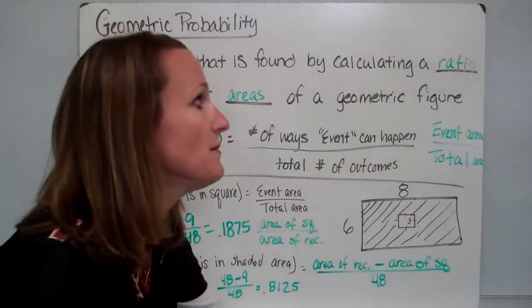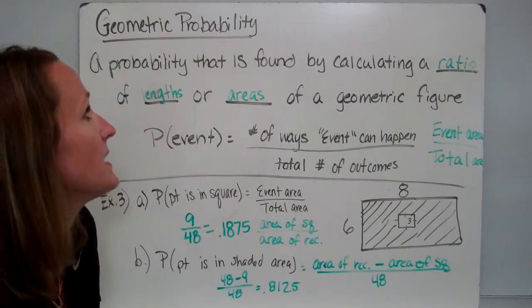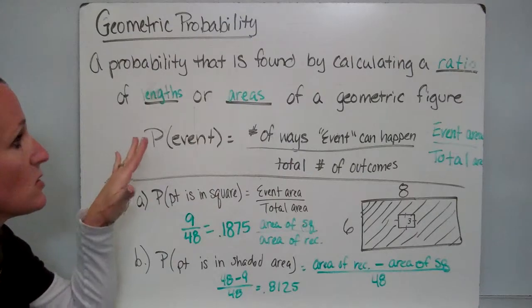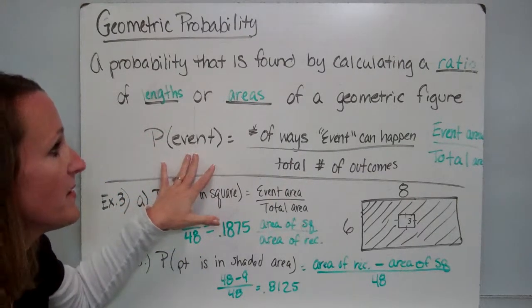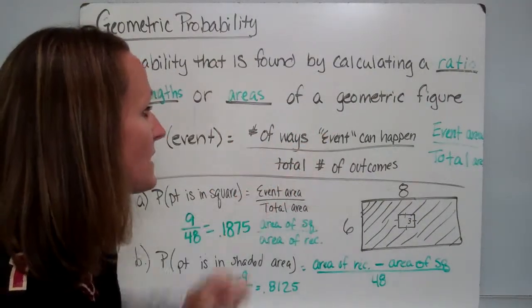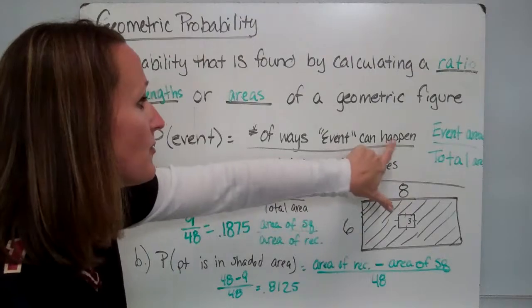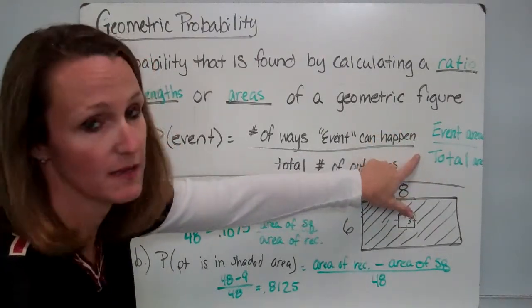Okay, geometric probability. Geometric probability is a probability that is found by calculating a ratio of lengths or areas of a geometric figure. We'd still say the probability of the event is the number of ways the event can happen divided by the total number of outcomes. This time, the number of ways the event can happen is going to be the area of the event divided by the total area.